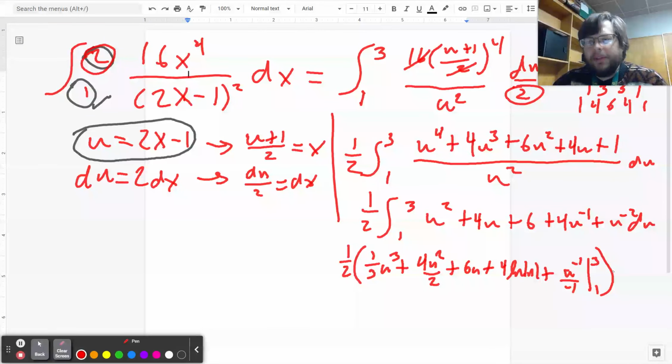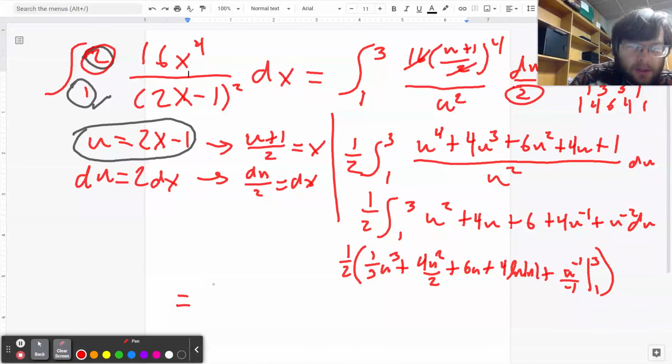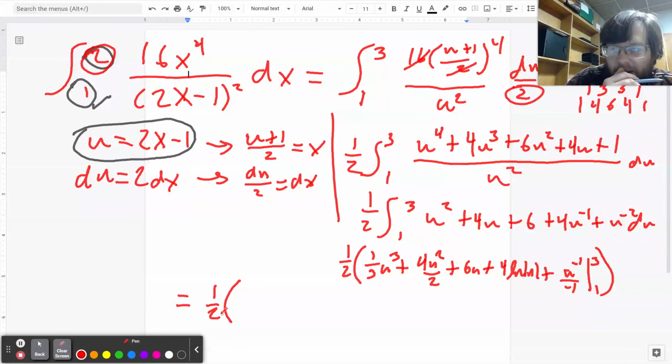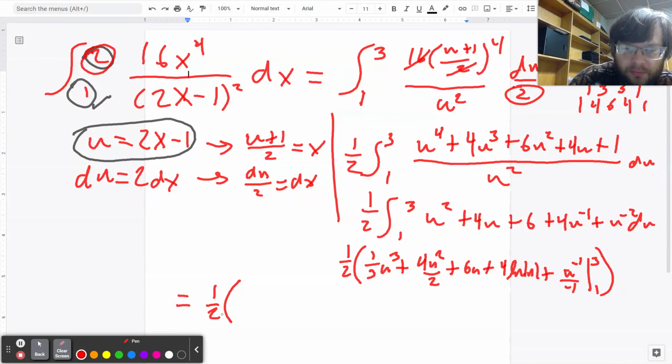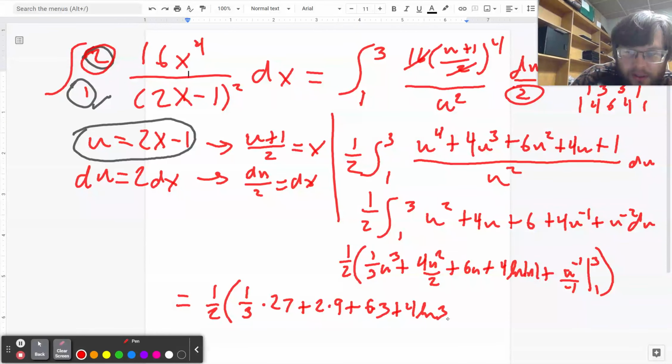It's going to be kind of dumb to see me try and do this all by hand, but that's what we're going to do. So we have 1/2. I'm going to plug in 3 to everything. So 1/3 times 27 plus 2 times 9 plus 6 times 3 plus 4 natural log 3 minus 1/3.